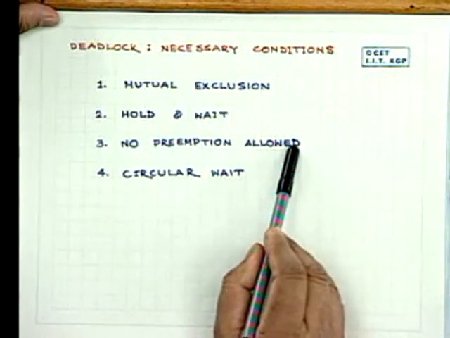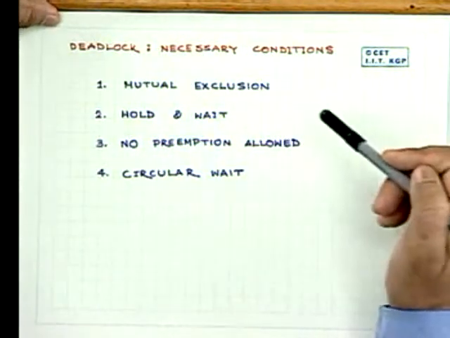The third is that no preemption is allowed. That means the resources held by processes cannot be preempted. They can only be released by the processes themselves, on termination or of their own will.